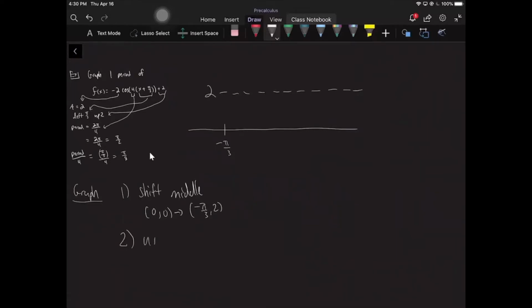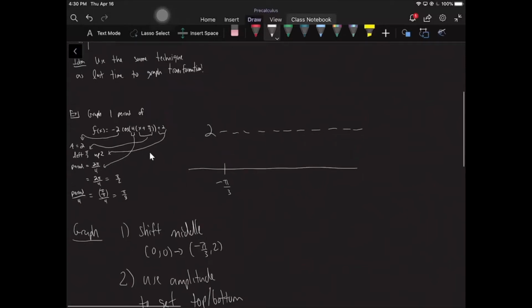So that's where we use the amplitude to get the top and the bottom of the wave. So in this case, the amplitude is 2. So from this middle guy, we're going to go up 2. That takes me to 4. And we're going to go down 2. That takes me to 0. That'll be the bottom of the wave.